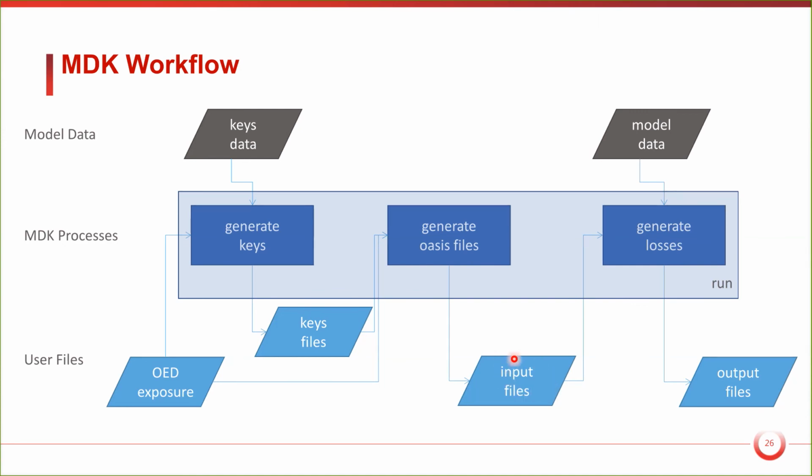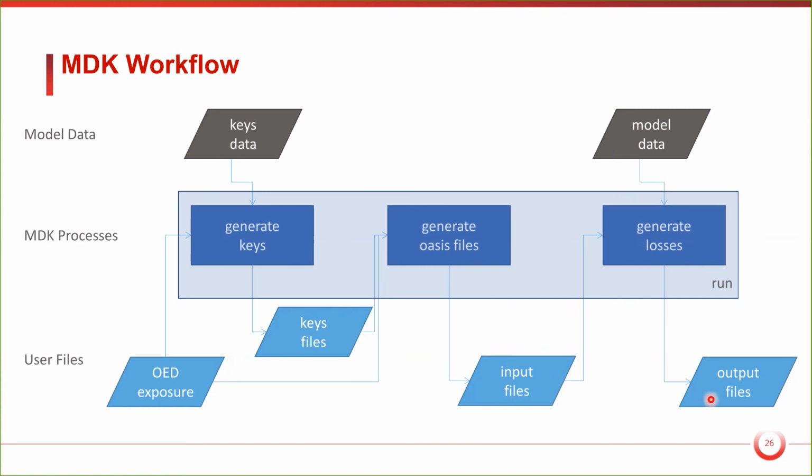So this is generally available, but not advisable to delve into too much unless you really know what you're doing. And these very abstracted input files are then passed into a process in the MDK called generate losses, which touches then those big footprint and vulnerability files with our abstracted input files and runs the full Monte Carlo simulation and generates the outputs that we're requesting in our analysis.